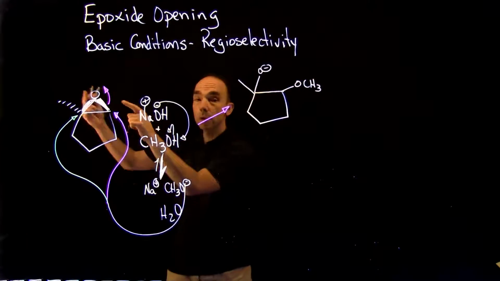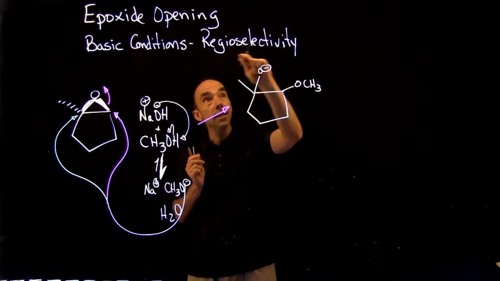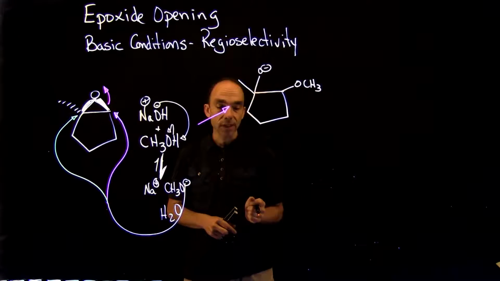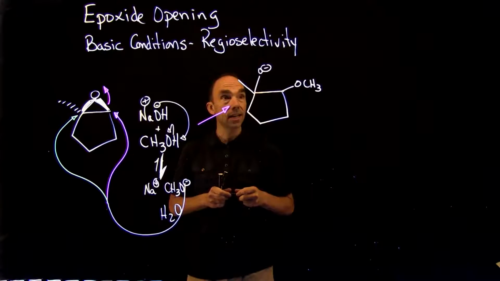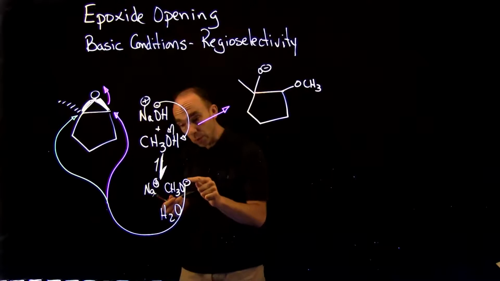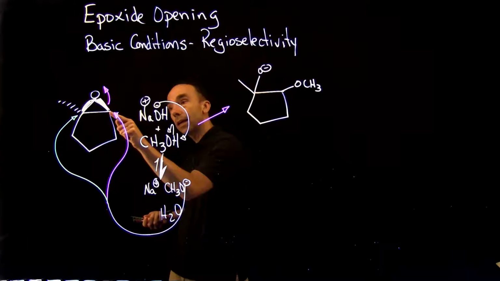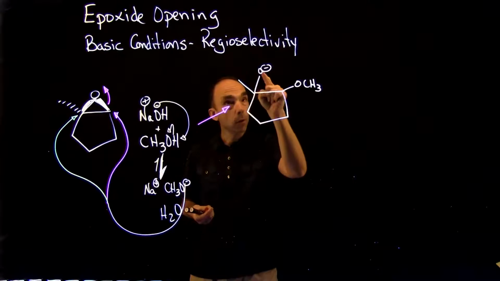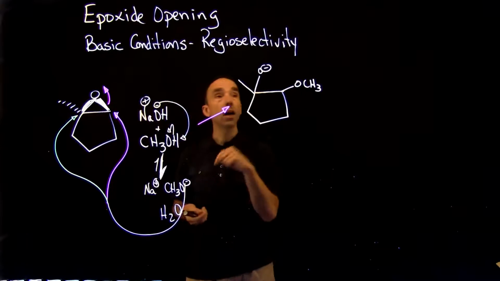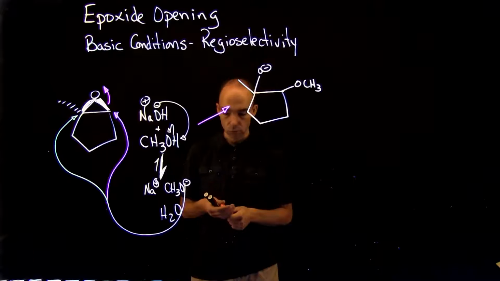On purpose, I didn't draw the stereochemistry. We're dealing here specifically with regioselectivity. The stereoselectivity will be discussed later. So what's important to show here is that the methoxide can attack on this carbon and break what was initially a carbon-oxygen bond to form an alkoxide.